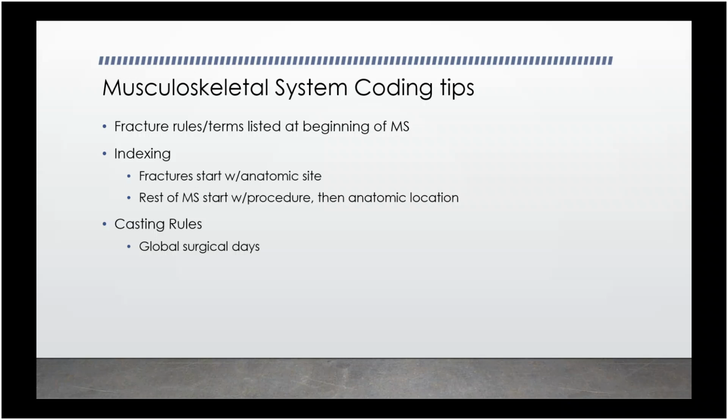Was there any percutaneous skeletal fixation devices? So when we index it, for fractures, you're going to start with the anatomical site. And for the rest of the musculoskeletal, you'll start with the procedure, then the anatomical location.